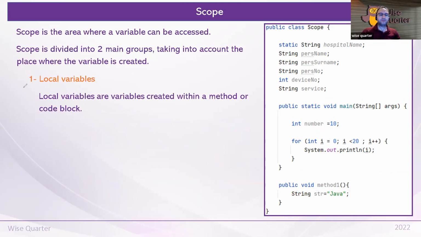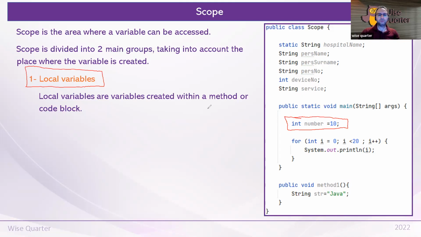So we have learned local variables. The key is, if it is created in a method or method code block, it will be a local variable. And from other villages, I mean the methods, you cannot reach or use it.